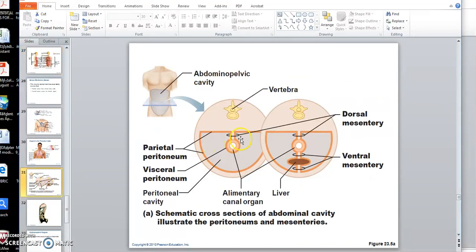So right here, to show you, here would be, let's say, your intestine. Surrounding, stuck to your intestine would be your visceral layer here, visceral peritoneum. And then this would be the parietal peritoneum. So this would be what you call the peritoneal cavity right in this area here.